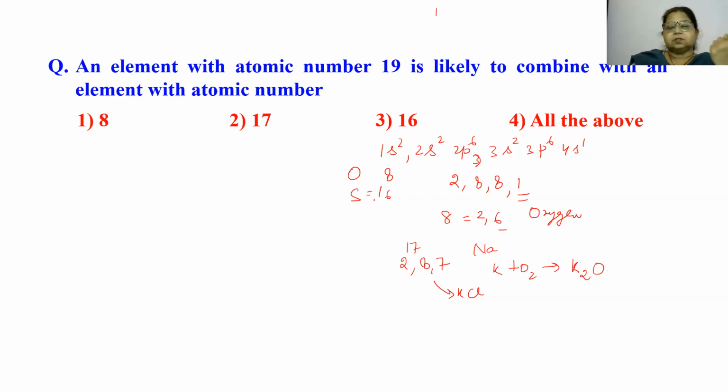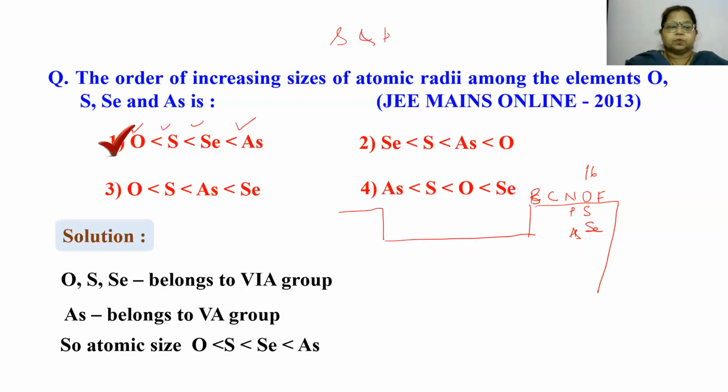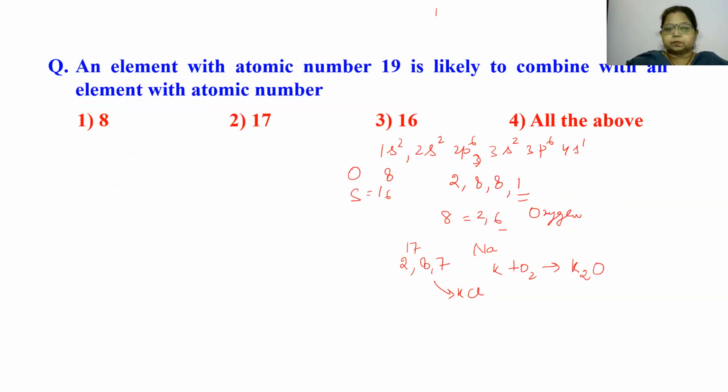So again, it will react with it, right? Is it clear to all of you now? Yes, ma'am. The correct answer is all of these. See, again, this question is of periodic table as well as chemical reactivity. I felt it is more appropriate to discuss it here because atomic number is given to you, right? So it will react with all of them.